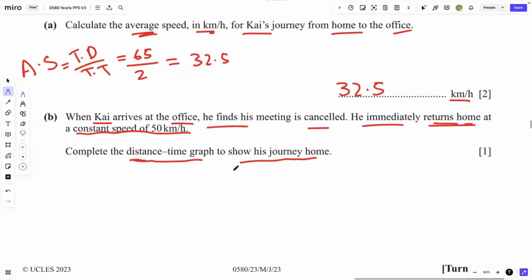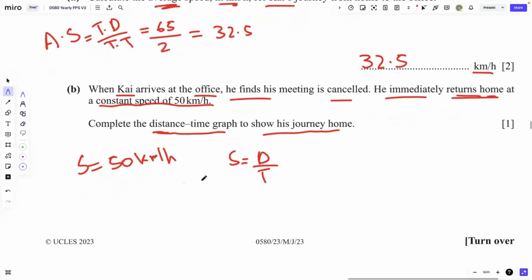So we're supposed to complete the graph for when he's traveling back home because his meeting was cancelled. What we know so far is that when he's going back home, his speed is 50 kilometers per hour. And we know the basic formula is speed is equal to distance over time. We do know the distance as well. The distance would obviously remain the same.